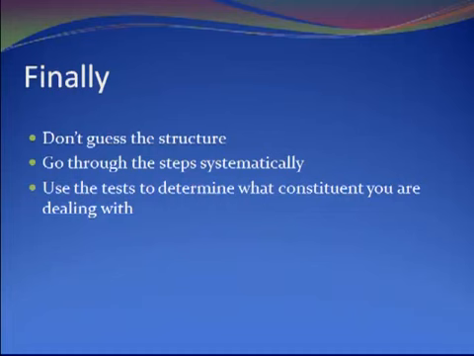Now, just to finish with, really try and apply the steps systematically. Don't guess the structure. It's very tempting when you see a determiner and a noun to think, there's the noun phrase. But in some sentences it may be, in some sentences it's not. So don't guess the structure. Go through the steps systematically and use the tests to determine what constituent you're dealing with.